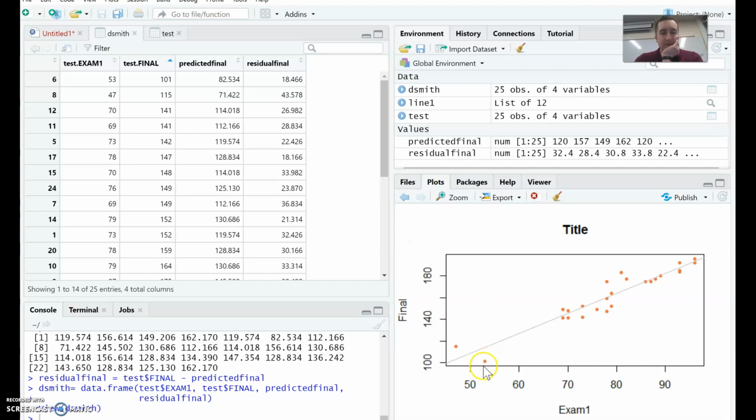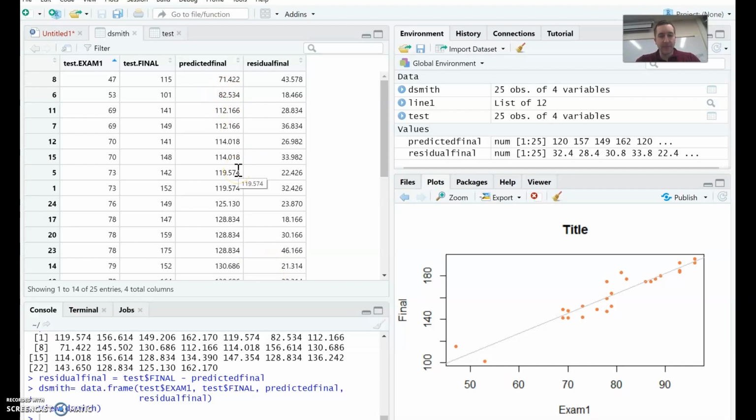What did this person score? This person made like a 54 or something, 53. That's them right here. So they made a 101. Oh, because it's out of 200, so it's doubled. So yeah. Okay, they underperformed predicted, but they still scored, yeah. Oh, that's tough because the final's out of 200.